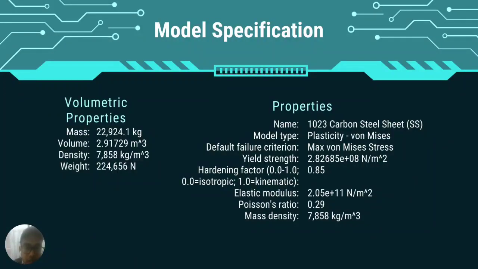In the drop test simulation, the model specification in volumetric properties is as shown, and the main points are the mass, volume and weight of the model. For the properties, we use carbon steel sheet.